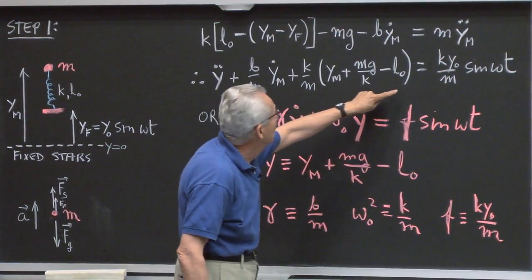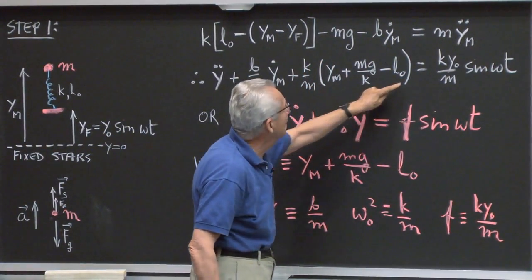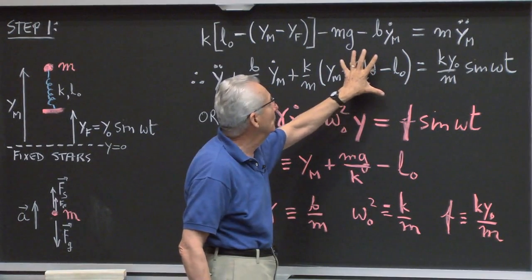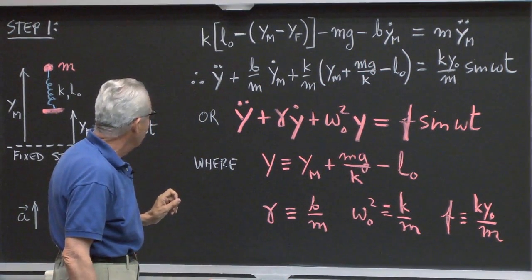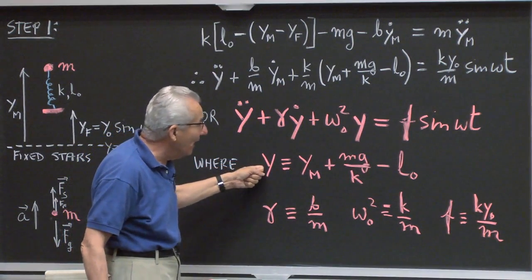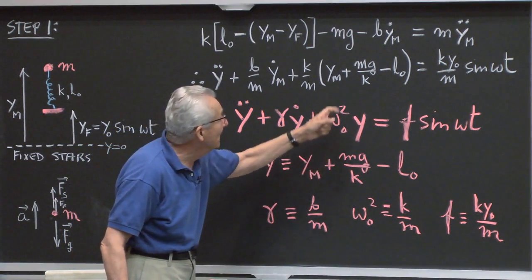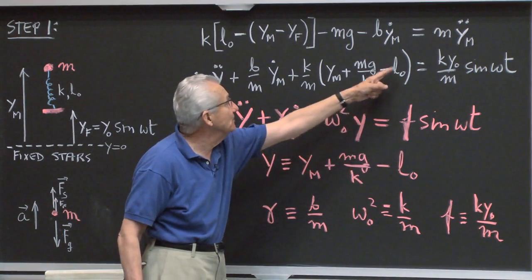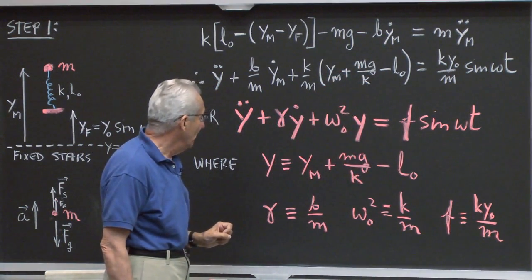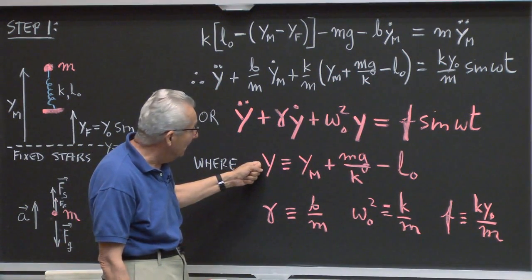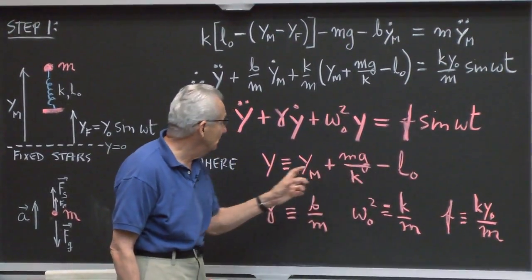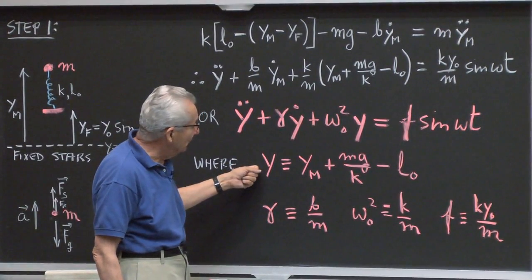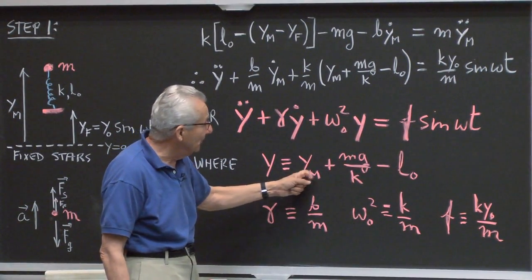If I redefine this as my variable, in other words, if I define y as ym plus mg over k minus L0, this quantity, the rate of change of y is the rate of change of ym, because these are constants, and the second derivative of y is the second derivative of this.